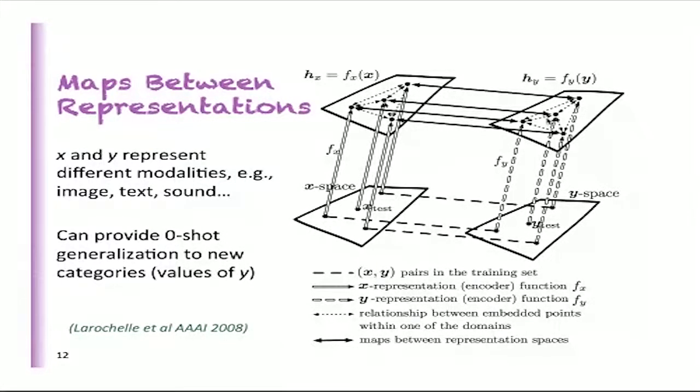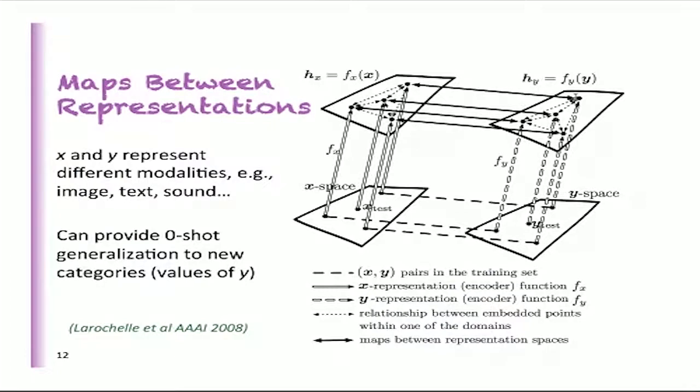And then we can also have transformations that go from the representation corresponding to one modality to the representation corresponding to the other modality. And that's much easier to learn because we're talking about these more abstract levels of representation. So this is actually how we do transformations between text and images, in one direction or the other.